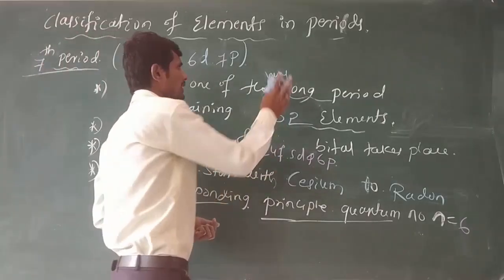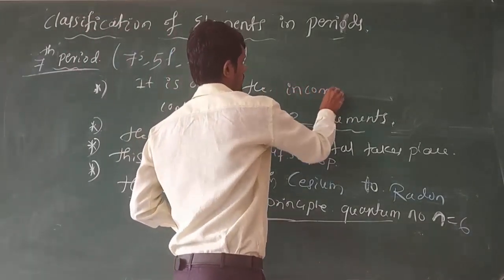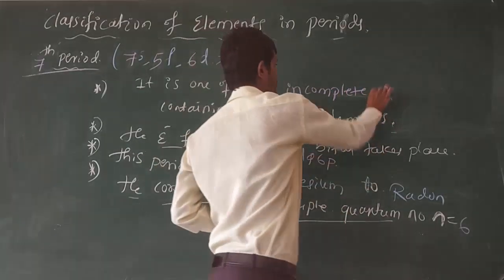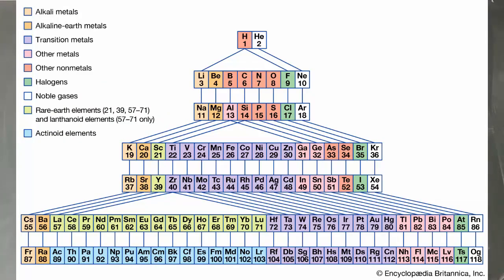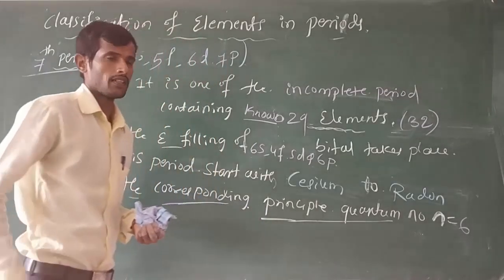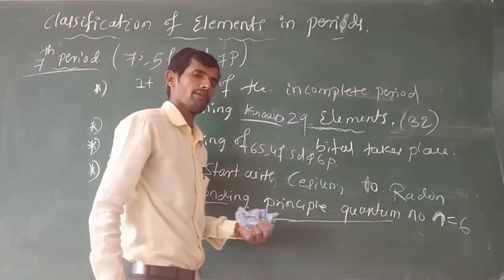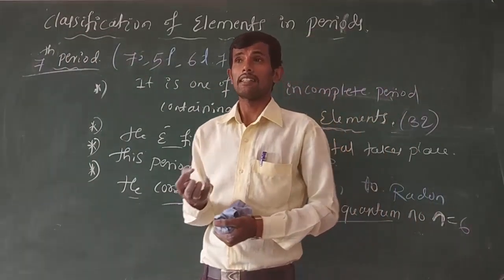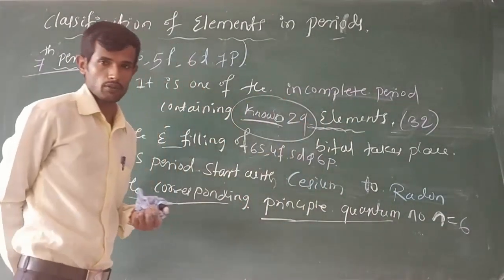Students, remember, it is one of the incomplete periods containing 29 known elements, but the maximum number of elements is also 32 here.